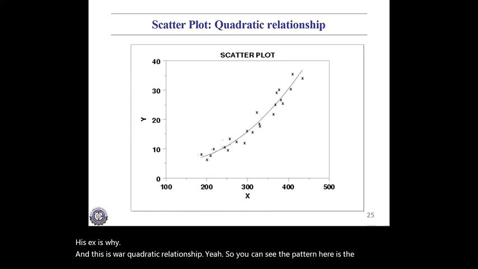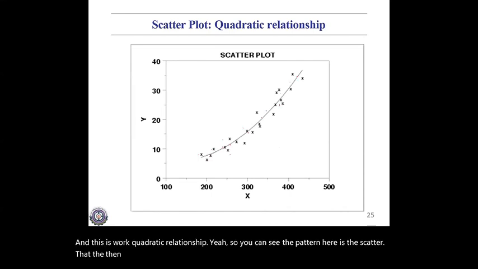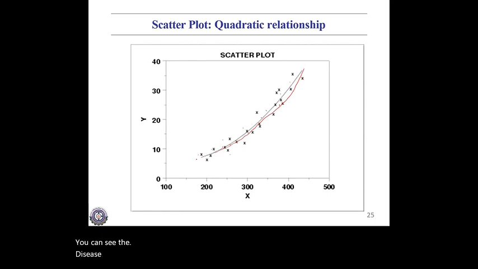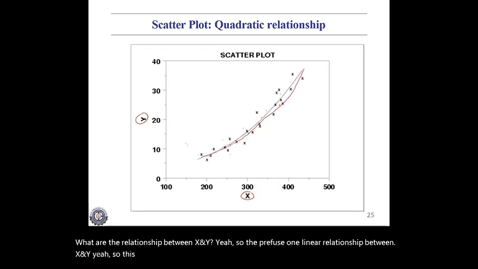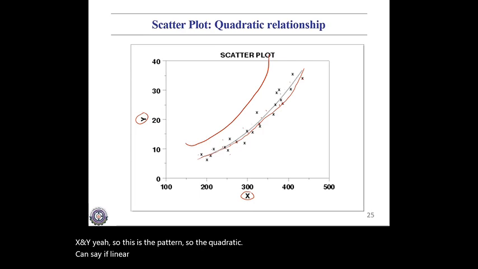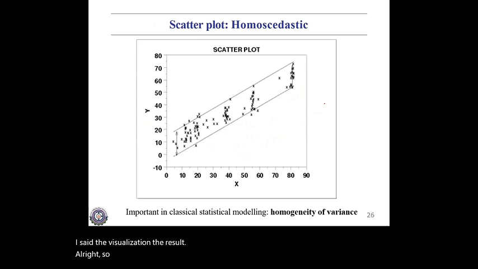This is the scattered data, and then you can see this is the quadratic relationship between X and Y. The previous one was a linear relationship between X and Y. If it is linear, it is just a straight line, whether positive or negative depends on the visualization, the result.